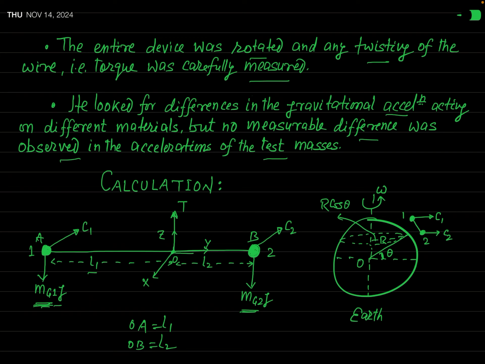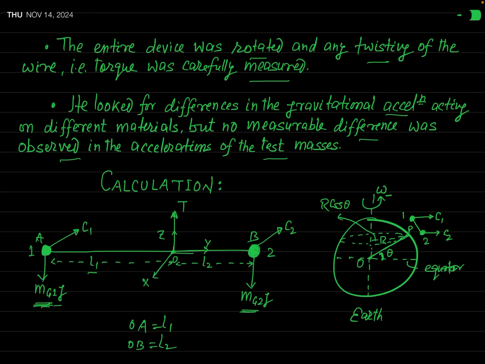This line will be the equator, and the angle made by this radius vector, let us say OP, with the equator, which is theta, is called the latitude of the place P. So we have considered that these two masses are at a place whose latitude is theta. Our Earth is rotating about its polar axis with angular velocity, let us say a small omega.